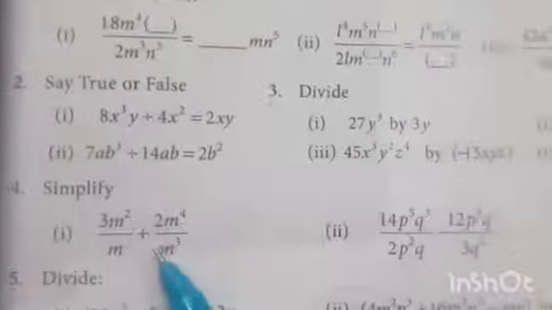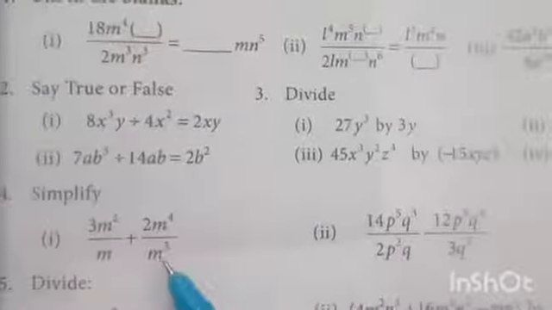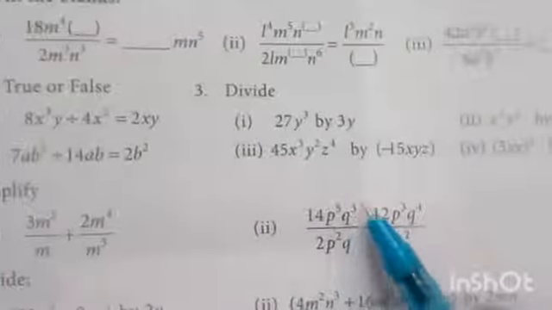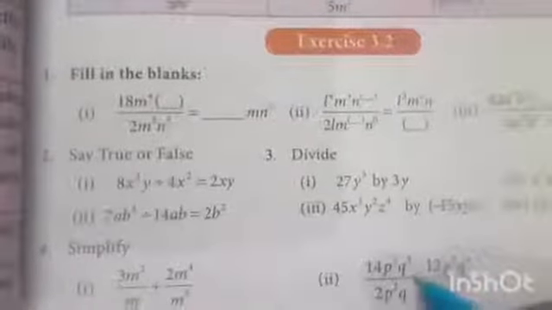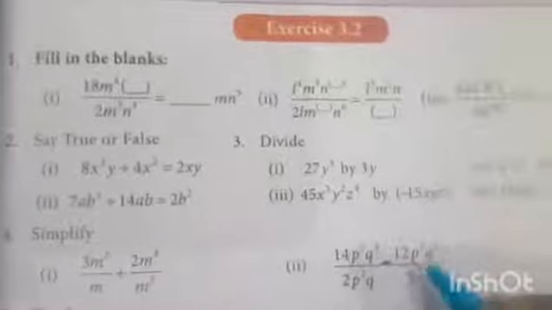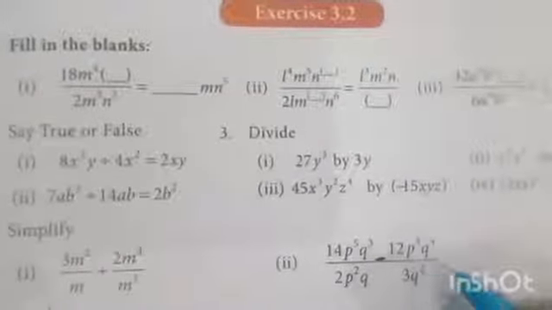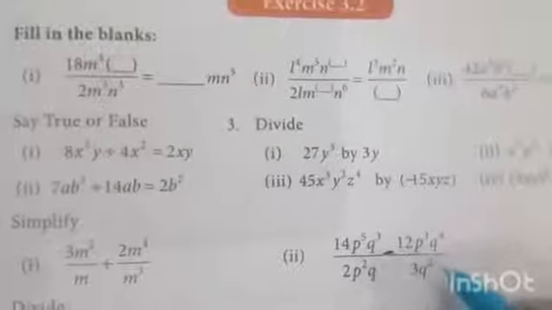Fifth question: simplify 3m square by m plus 2m power 4 by m cube. Second question: 14p power 5 q cube by 2p square q, minus 12p cube q power 4 by 3q square.